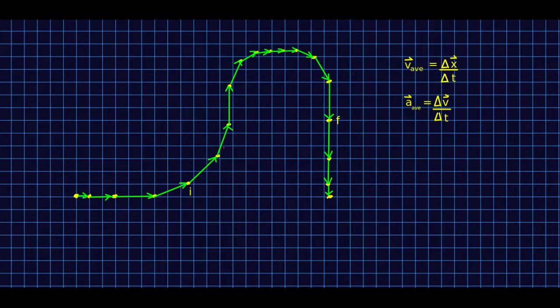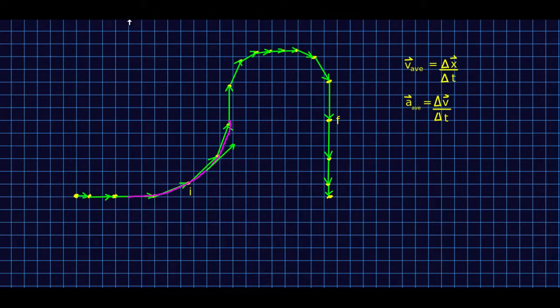So remember that these green velocity vectors that I've drawn on this motion diagram are average velocity vectors, right? For example, this is an average from this point to this point. The actual path that this object follows would be some curve like this. And wherever you look, the instantaneous velocity would always be a tangent to the curve, like so.